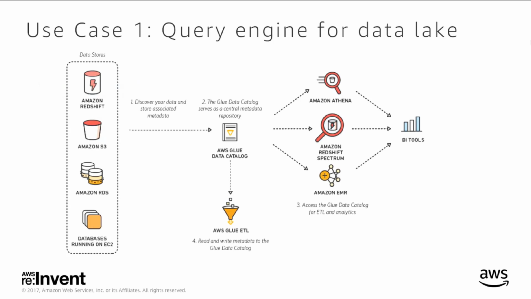So you may have heard of data lakes. It's a concept of making all your data available in a single, highly distributed, highly available data store on AWS, such as Amazon S3. So the idea here is that there's a number of ways that you can get the data in.